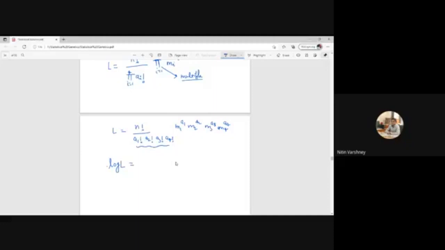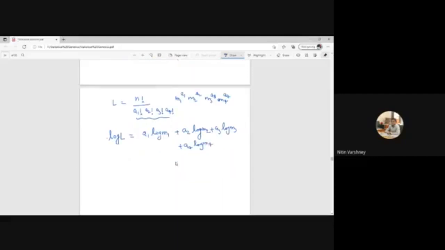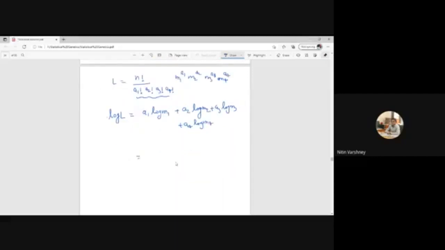So this will be a1 log of m1 plus a2 log of m2 plus a3 log of m3 plus a4 log of m4. So I can write it as summation i equal to 1 to 4 ai log of mi, isn't it?